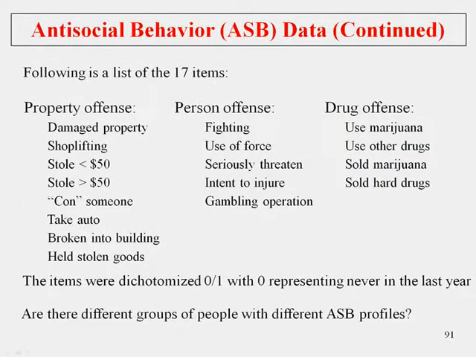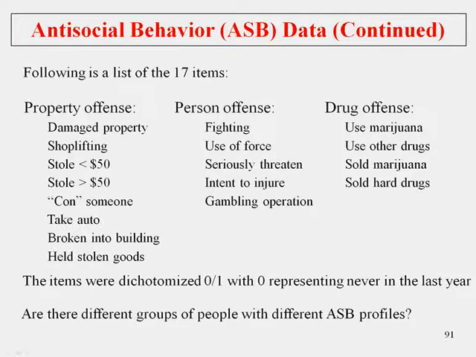So as an example of the items, we have property offense items in these 17, person offense and drug offense. And for example, property offense would be damaging property, shoplifting. You can see the rest. Person offense, fighting or threatening people, and drug offense, using marijuana or other drugs. And the items are binary.